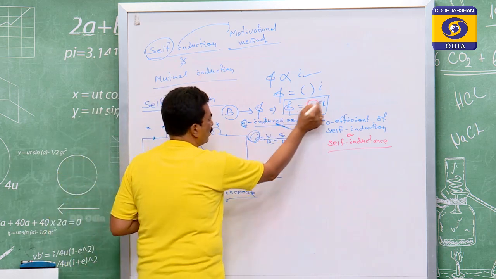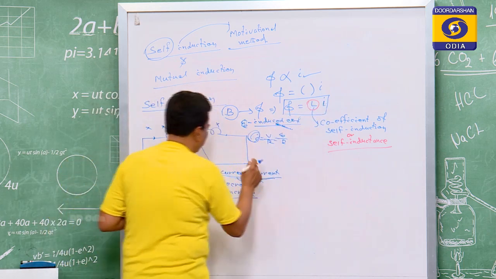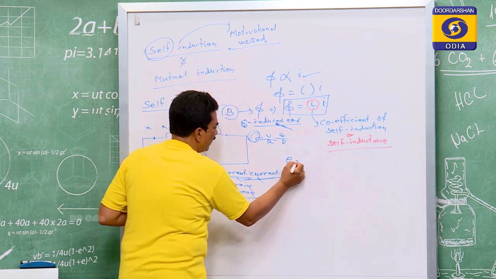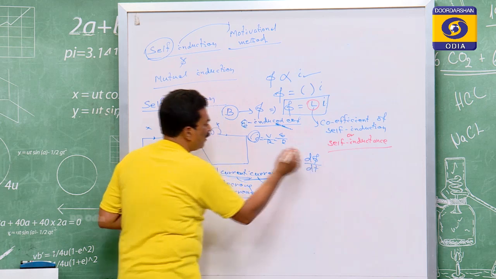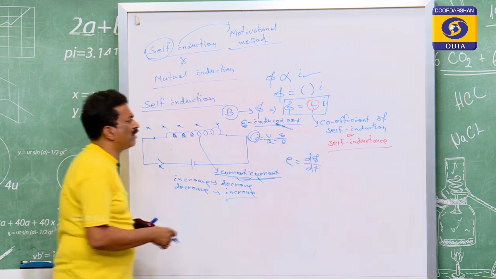So if phi is equal to Li, and we came to know that if phi is there, there is an induced EMF. Induced EMF is equal to d phi by dt. The second expression we are going to find.